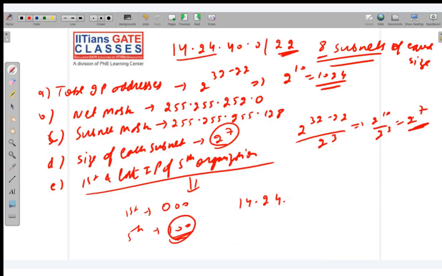If we take 24 bits then 40 will be fine, but we are taking 22 bits. So 22 bits means last 2 bits of the third octet are taken, and the first bit of the last octet. So these 3 bits you have borrowed.